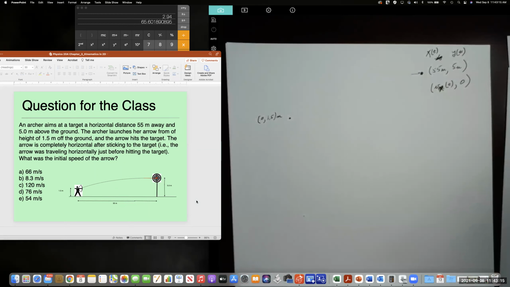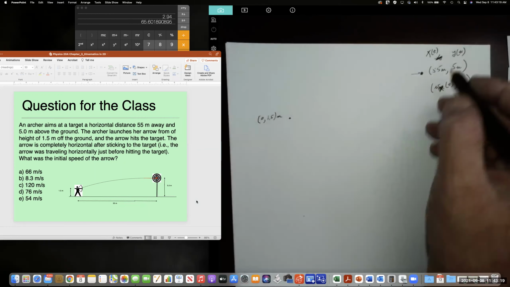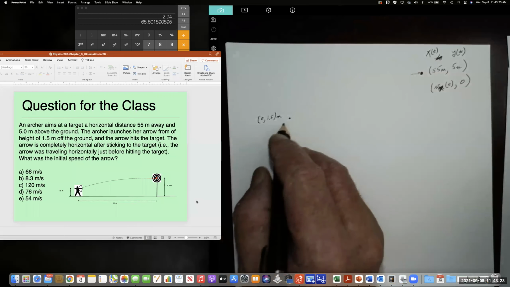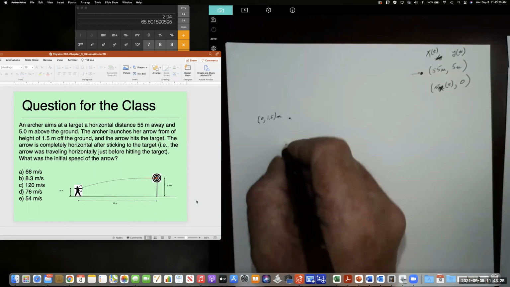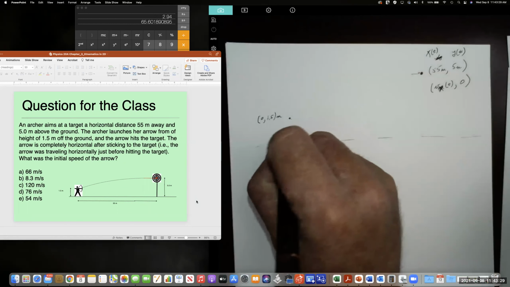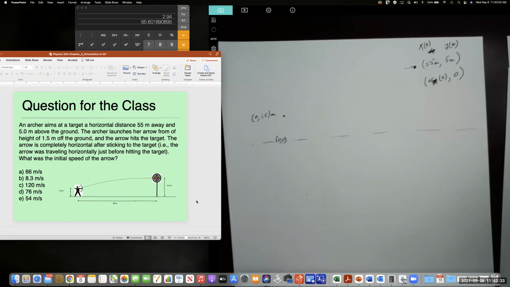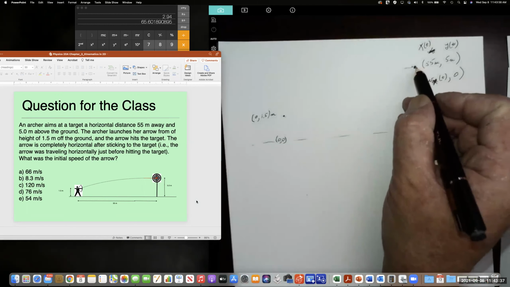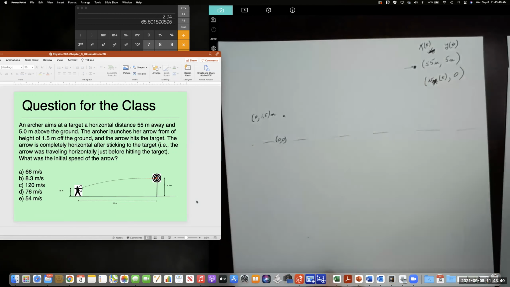Now, first thing I'm going to do with this problem is I'm going to subtract 1.5 from each. And I'm going to move my origin to here. So this is ground down here, and I was saying this was 0, 0. Remember, I told you you're free to choose the origin. So I'm going to move my origin up to here, and then this is 3.5, and this is 0, 0.